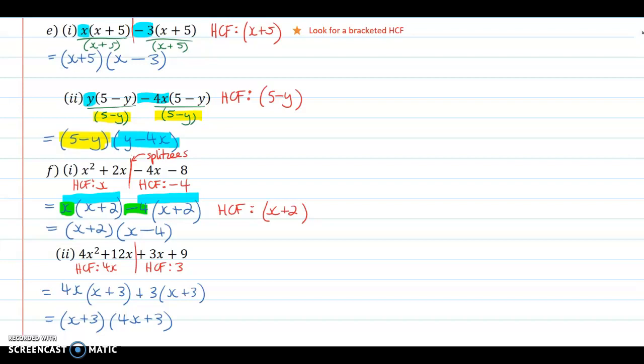So if I then factorize both those halves, the 4x comes out the front and the 3 comes out for the right-hand side, we should recognize immediately we're on the right track because we can see they both have a bracketed factor of x plus 3. Then if that highest common factor gets brought out the front, I'm left with x plus 3, 4x plus 3. And we've fully factorized that one.